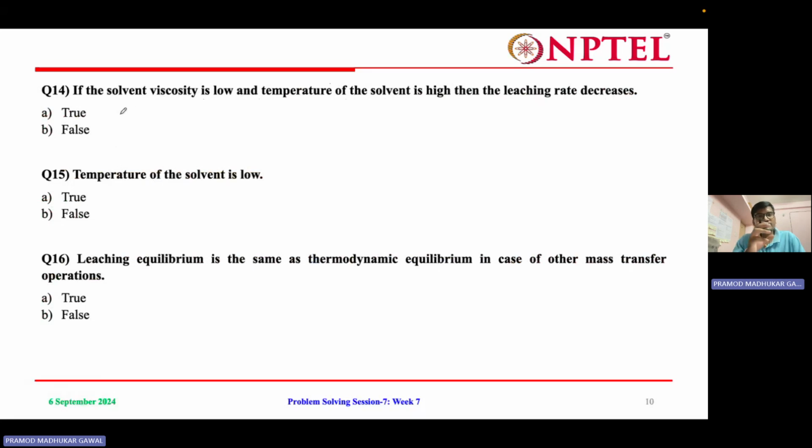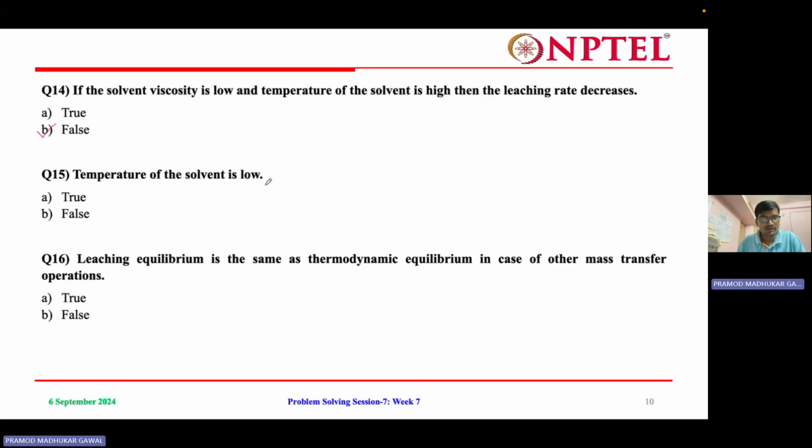A high solvent temperature improves the solubility of the solute in the solvent, and low viscosity helps the diffusivity of the solute into the solvent. So these conditions increase the rate of leaching, and this statement is false.